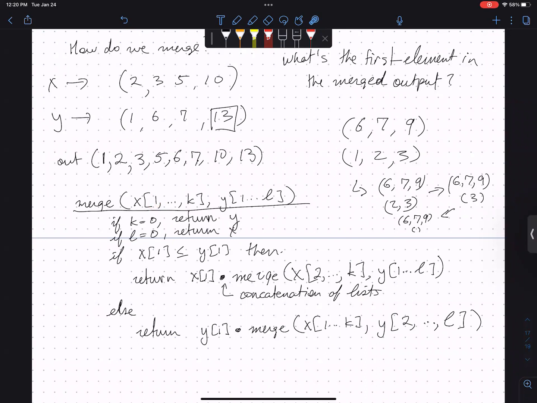In programming, in most languages, you're starting indices from 0. Here I'm following the book or other lecture notes, they're starting from 1. It doesn't matter. If in homeworks or exams you think this is ambiguous, you can always just state explicitly, I'm assuming that the array starts from 0 or from 1.